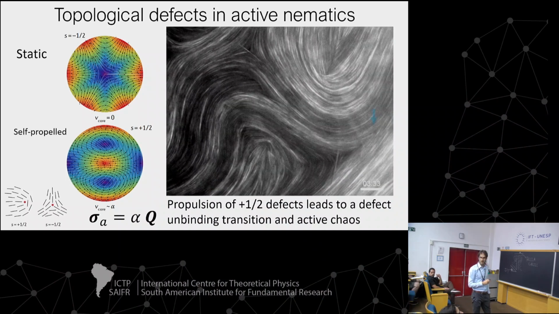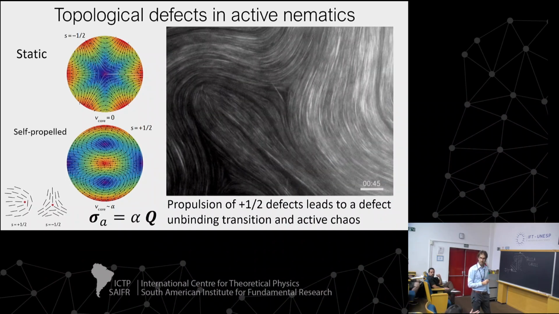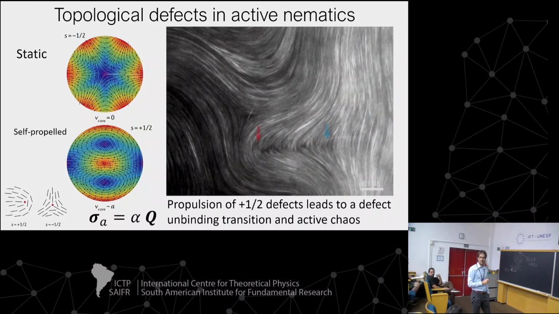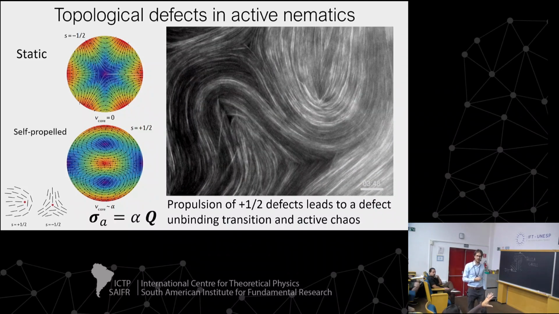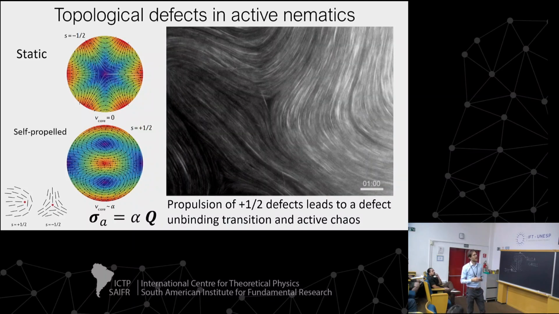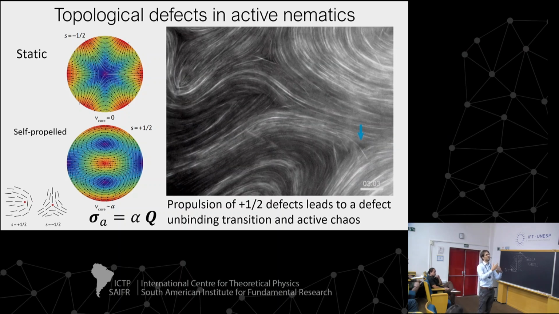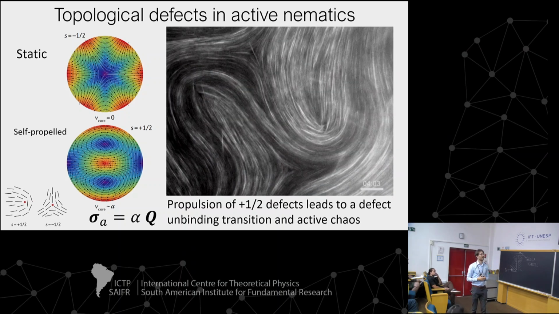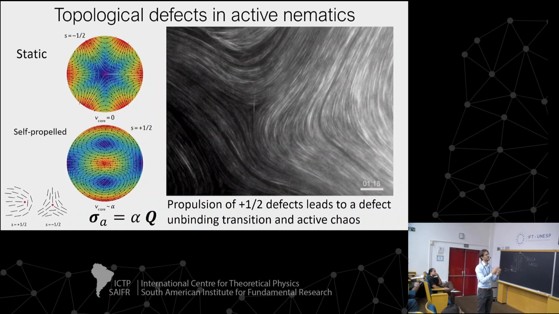Those defects, do they guide any phase transition, because in a passive system, they can do that? Are they just observed, or do they play a key role in this type of dynamics? Yeah, they play a key role, and it's just something that if I had more time, I'd love to give its due attention.